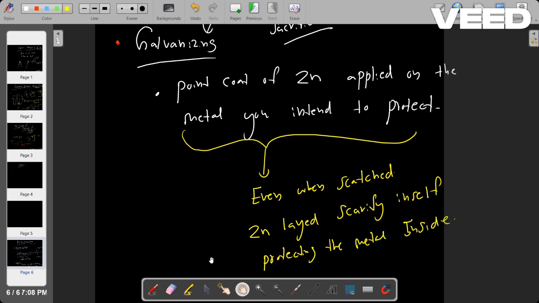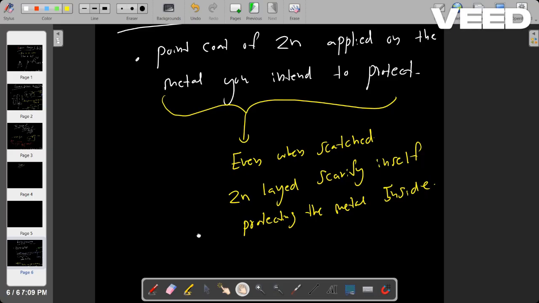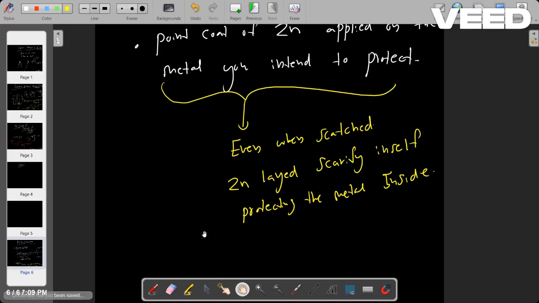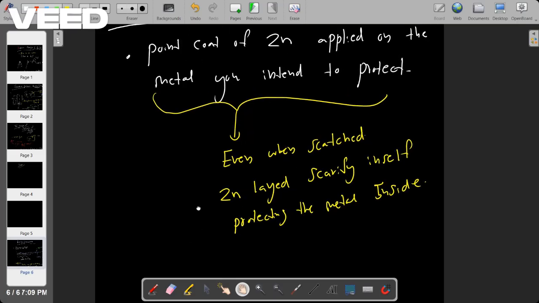Even when it is scratched, the inner metal is not getting corroded, because the zinc layer is getting corroded instead. Right? But it is expensive. Okay.